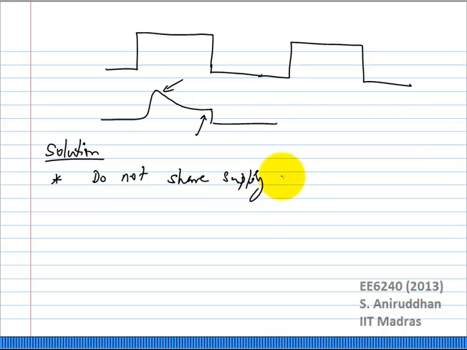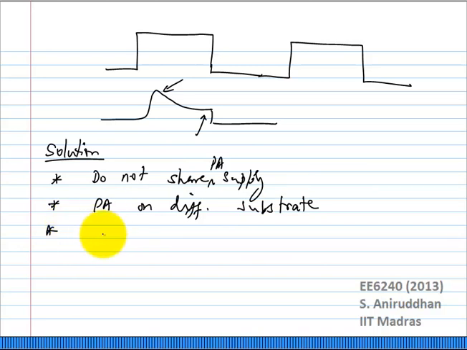Don't share the PA supply. What else can you think of? Hopefully if the PA is on a different substrate, it will help, because you will not have substrate pulling. What else? Maybe place the PA very far away from the VCO so that you don't have magnetic coupling.